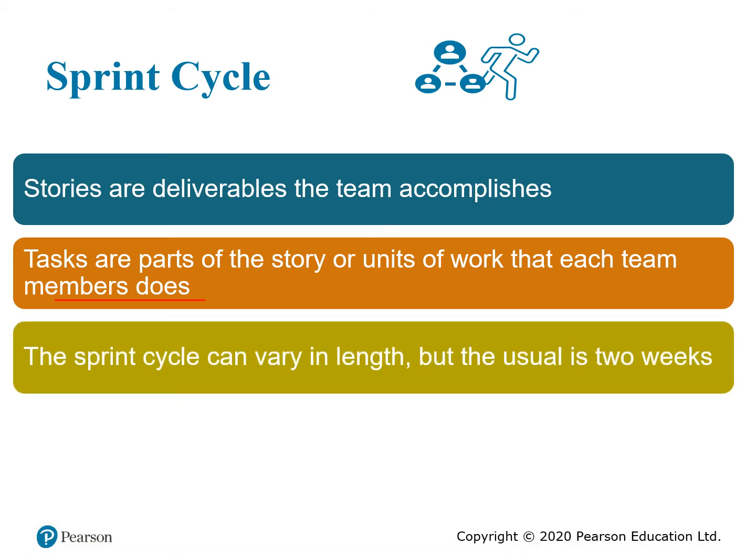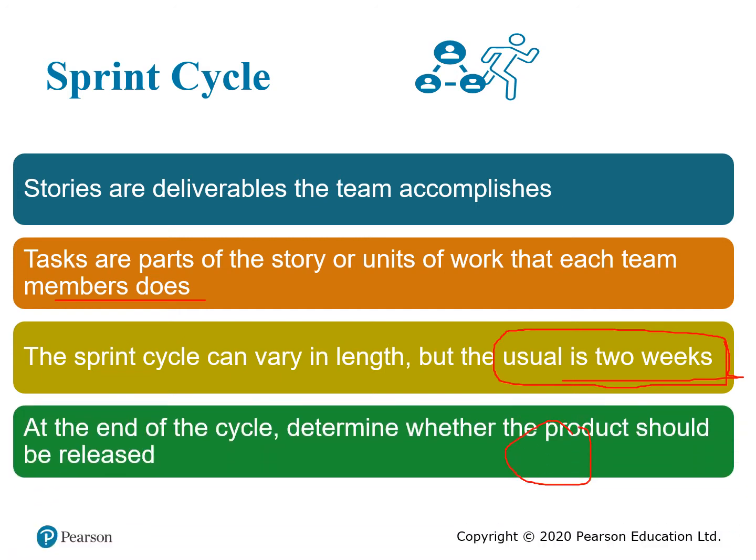The sprint cycle can vary in length, but the usual length of the sprint is 2 weeks. Lastly, at the end of the cycle, we determine whether the product should be released or not.